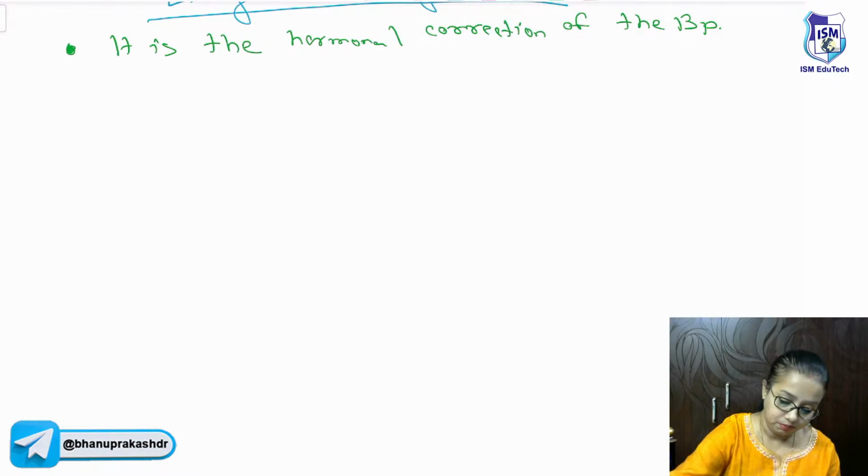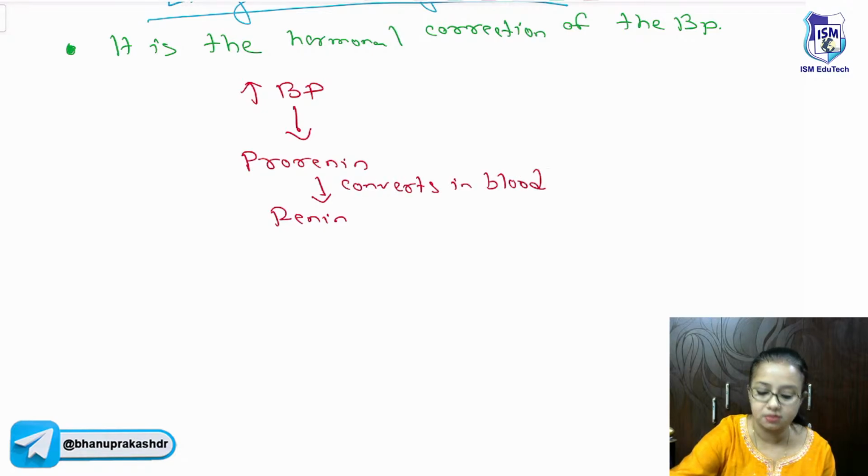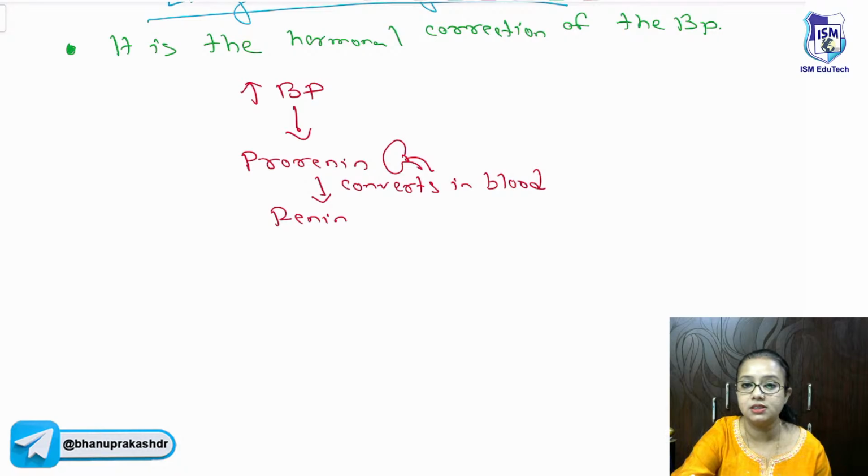So, an increase in the blood pressure, what does it do? It brings out prorenin and converts it into renin in blood. Prorenin, where is the prorenin? It is staying in the kidneys.